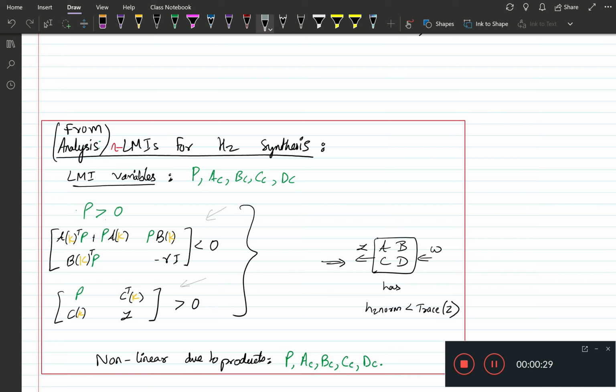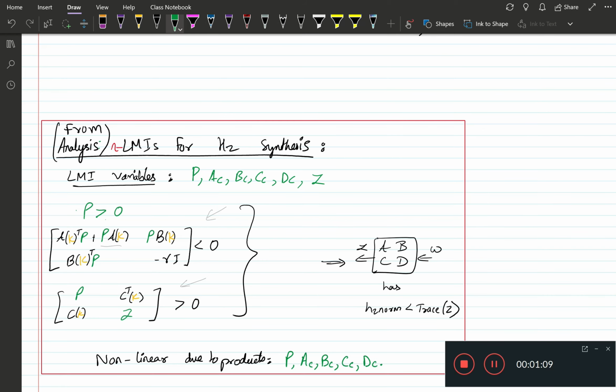But now, because we have unknowns AC, BC, CC and DC, we have products here, and so this is a non-linear matrix inequality, which would verify that this system ABCD closed loop from W to Z has an H2 norm less than the trace of Z, which is another variable here. I should add this to LMI variables. And now we have products between P, AC, BC and CC here.